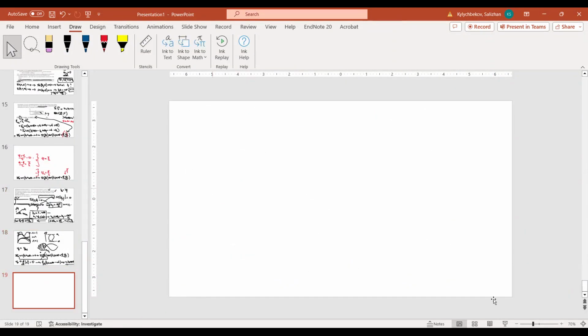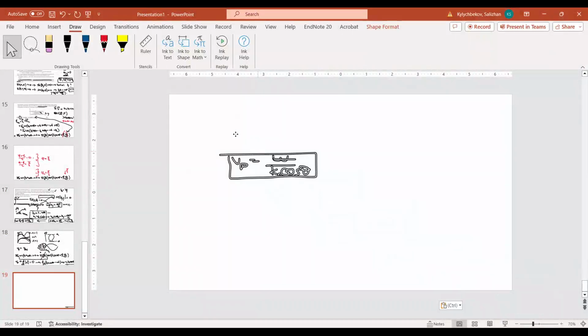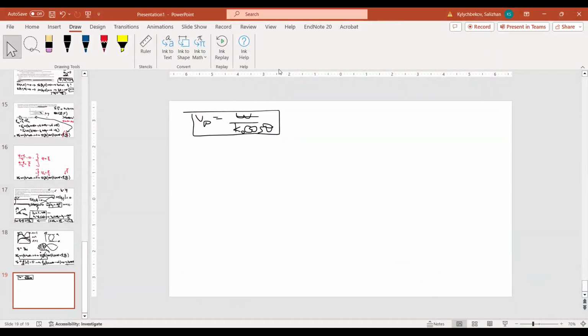This was the case for VP. And we know that sine theta m allowed values are m pi divided by k0 a.